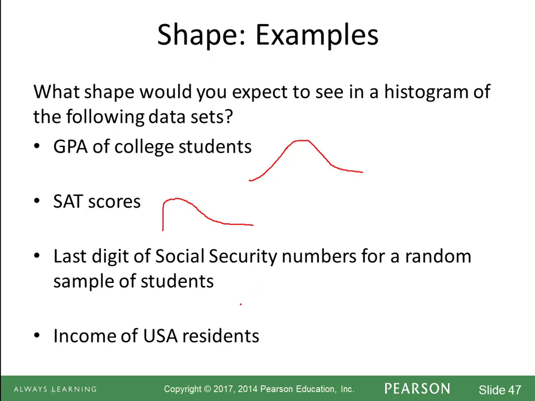Last digit of social security numbers, that's going to be a uniform distribution. The income of residents of the United States is probably going to be, most people make a moderate amount, but there's a few people that make oodles.